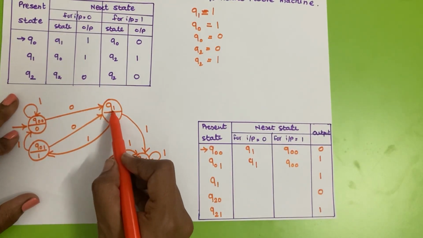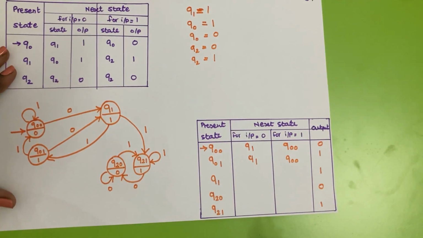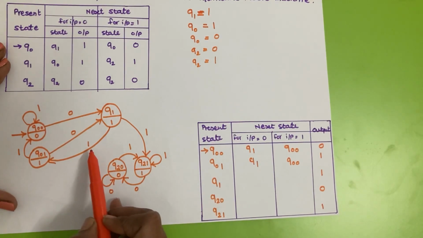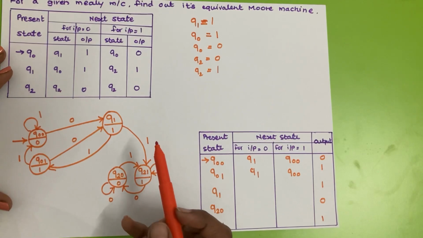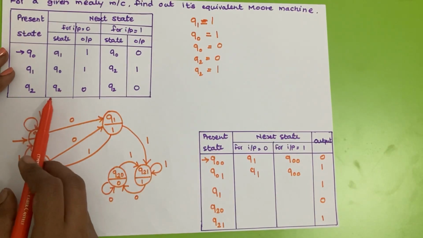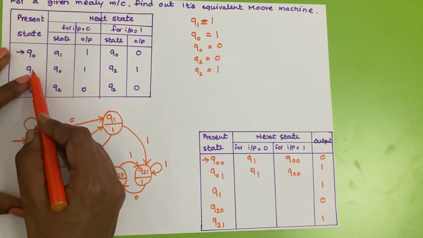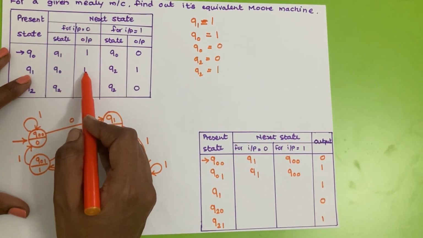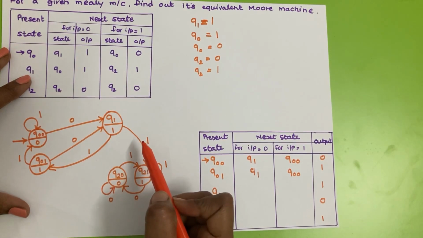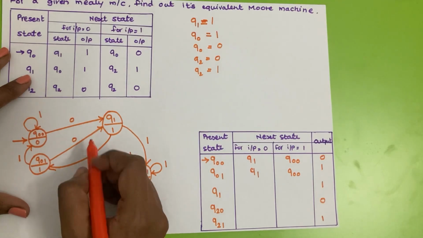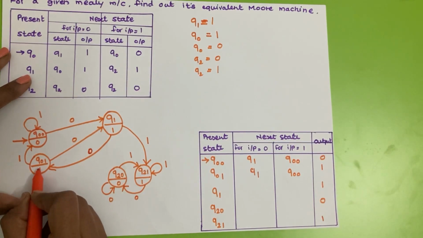For state Q1, if we supply 0 input, sorry, I have made some mistake here. For input symbol 0, Q1 output will be 1, so here I have to make it 0 input and we want 1 as output.